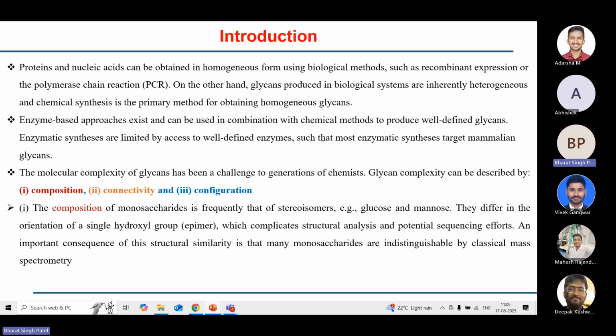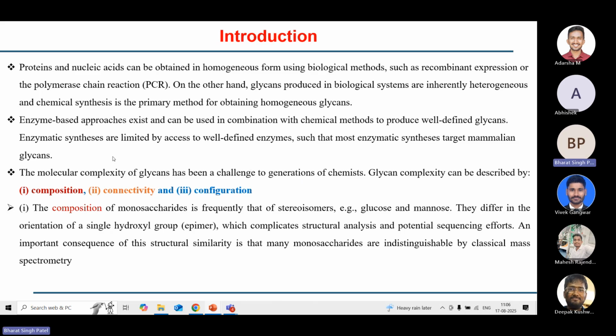In the case of proteins and nucleotides, there are a number of ways to get the desired molecules. But in the case of glycans, there are still a lot of challenges, because of the heterogeneity and the different monomeric sugar units.